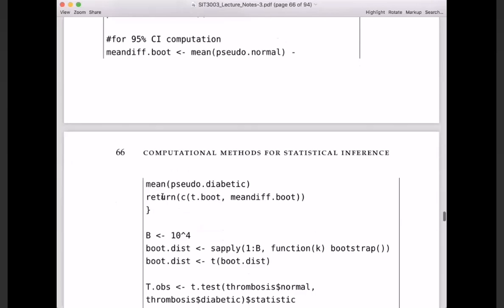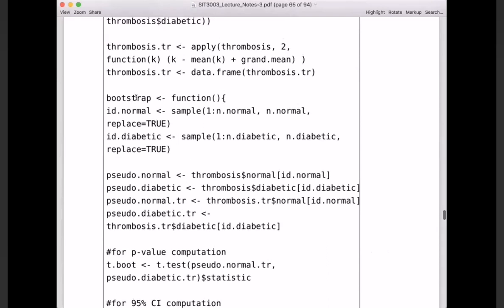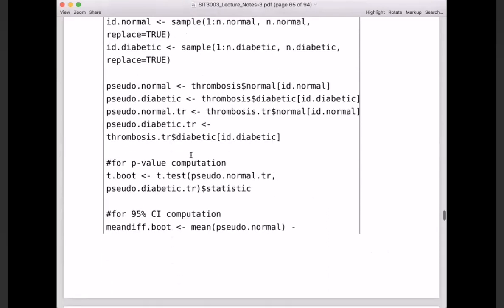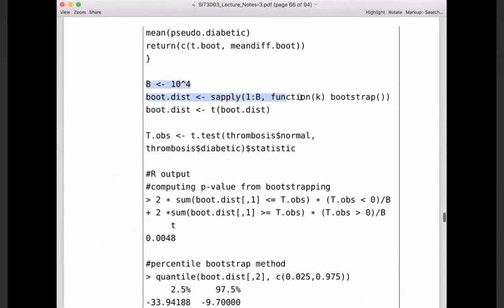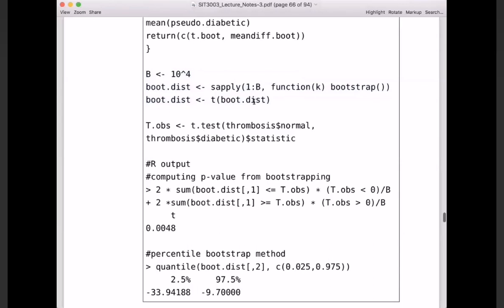So once you are done with the bootstrap simulator here, this does steps 1 and 2. Then you iterate 10,000 times. Since you have got two things here, I use the transpose, so that the quantities that you want are on the columns.